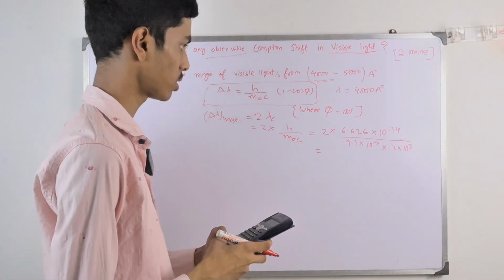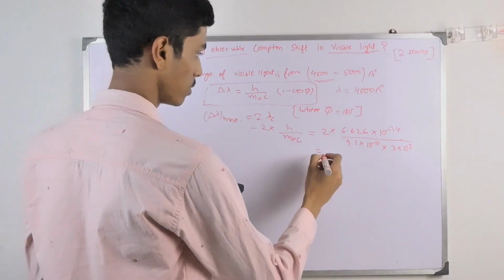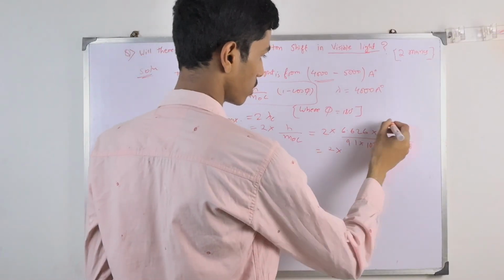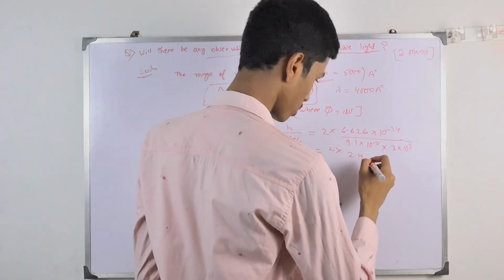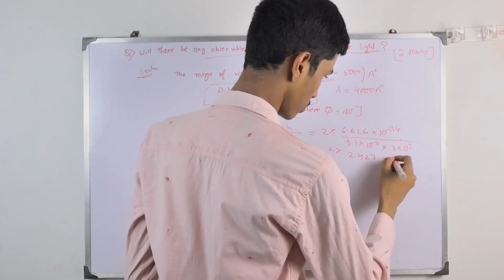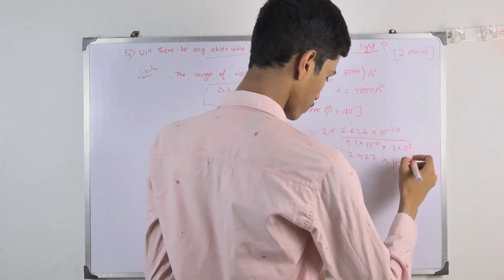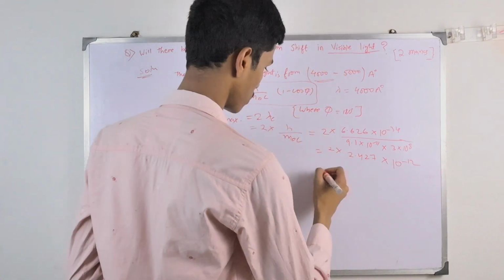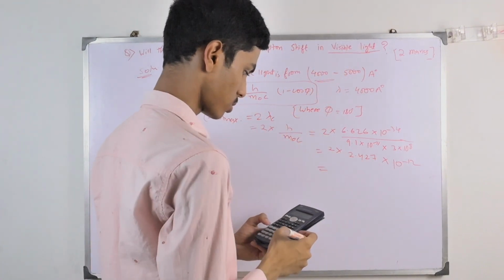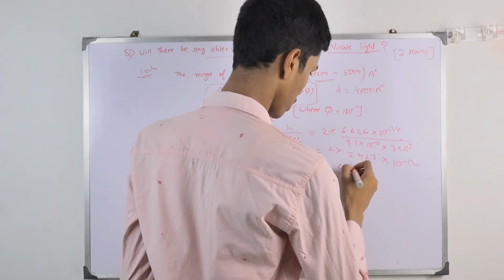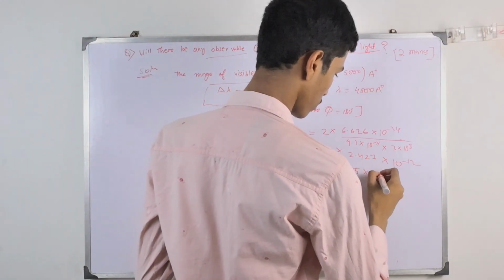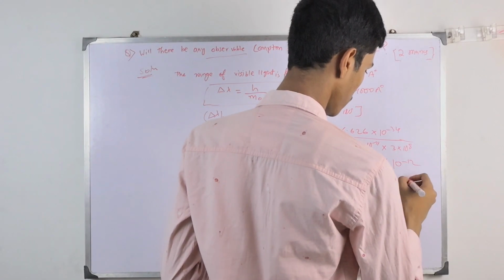Putting this result here, we will have 2 into 2.427 into 10 to the power minus 12. Multiplying by 2, we will have 4.85 into 10 to the power minus 12 meter.